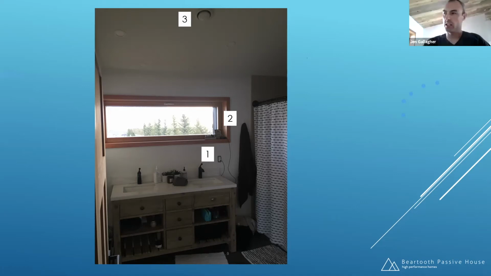That'll let you see the picture, and you can just click back on the polling button at the top, and then you can answer that poll. And we've got 60% of the people that have already answered.